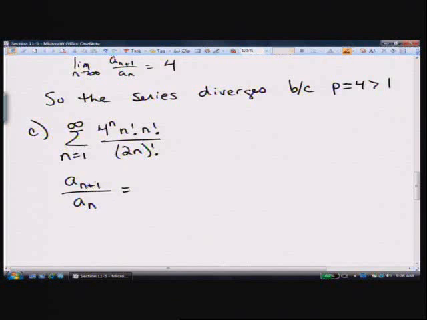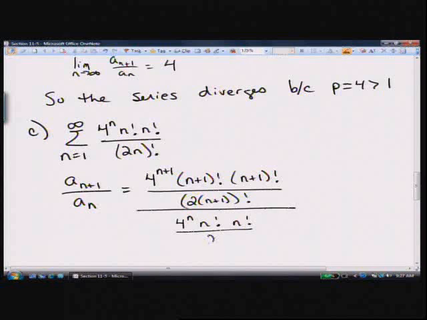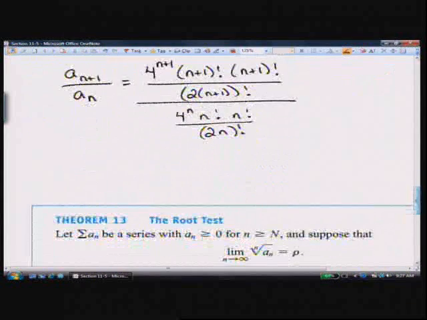Okay, all right. So we're going to look at a sub n plus 1 over a sub n. So this is 4 to the n plus 1 times n plus 1 factorial times n plus 1 factorial over 2 times n plus 1 factorial, and that's all over 4 to the n times n factorial times n factorial over 2 to the n factorial.